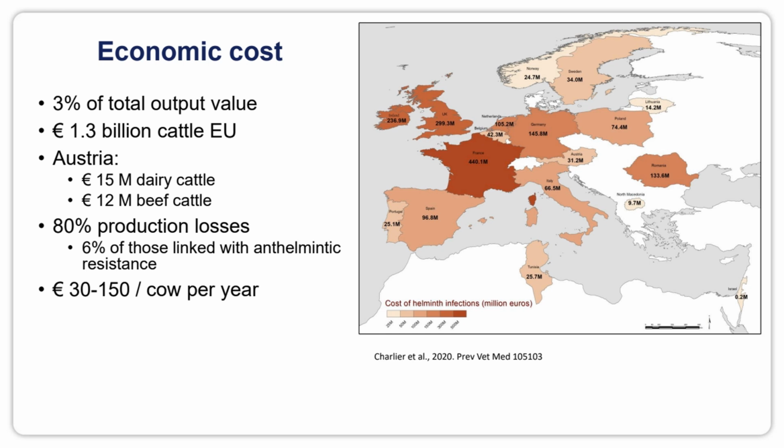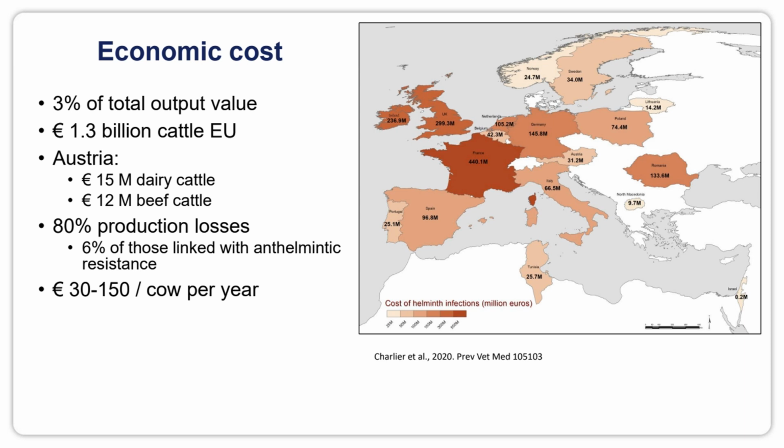Yes, we did some economic cost studies where we show that these infections really remain important, and we need to become better in mitigating these costs, because these costs are in the same magnitude as the cost of big viral disease outbreaks.